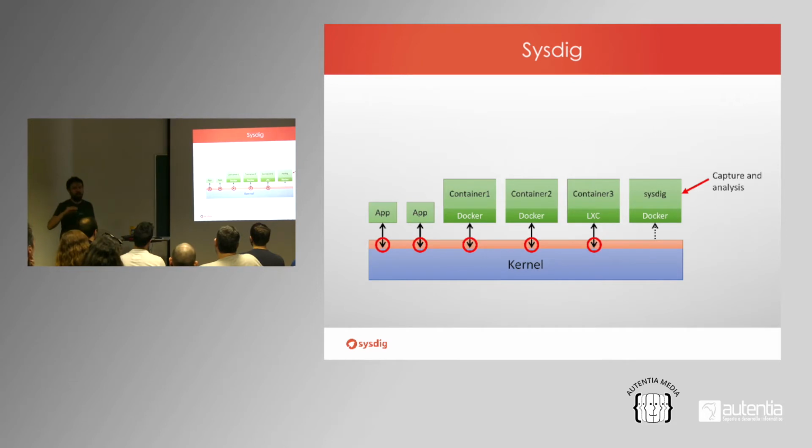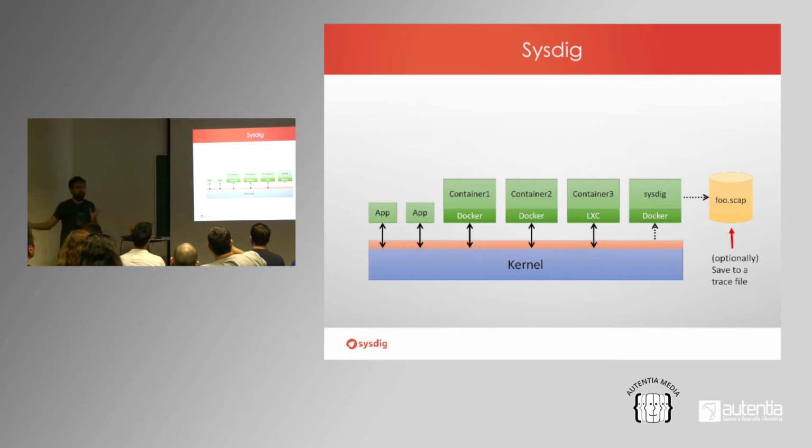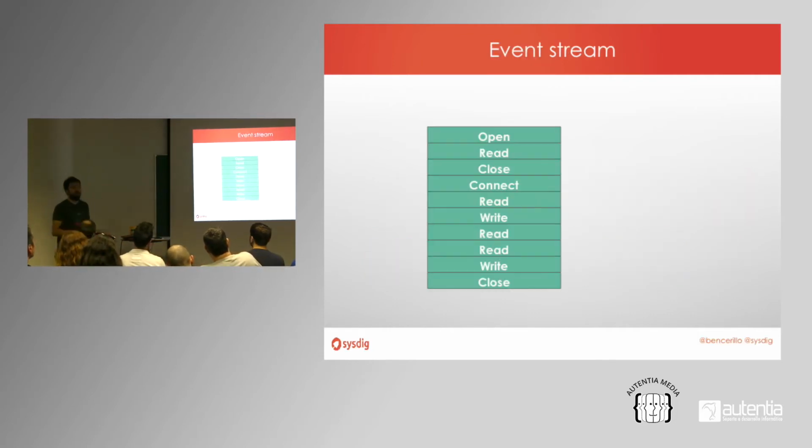We capture every system call, copy them into a shared ring buffer, and then from user space, asynchronously, we pick up all those system calls, dump them into a file, do some analysis, whatever we want. At the end, our user space process sees an event stream with all the system calls and some extra information attached, like process, parent process, network IP addresses, and so on.